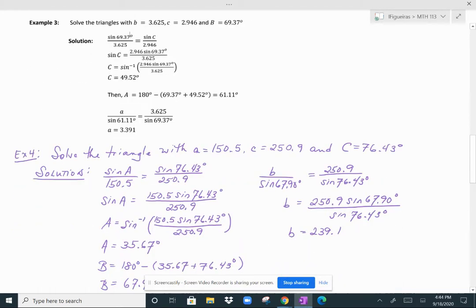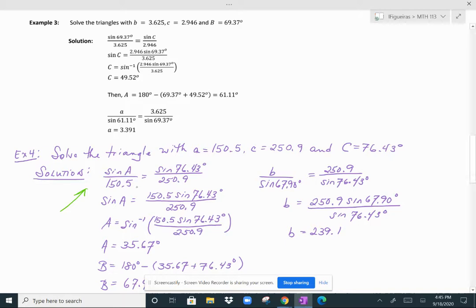Okay, here's another one. Solve the triangle where A is 150.5, B is 250.9, and angle C is 76.43. So this angle is opposite of side C. So I want to use that proportion, C and sine of C, in order to solve for angle A because I know side A. So that's exactly where you should start. So I have sine of A over 150.5 equals sine of 76.43 over 250.9.